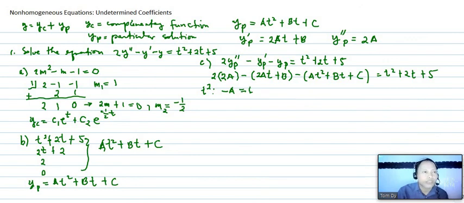Sorry, I will write here again. The numerical coefficient for t squared is 1, so we write here 1. Therefore, we find the value of a as equal to 1.